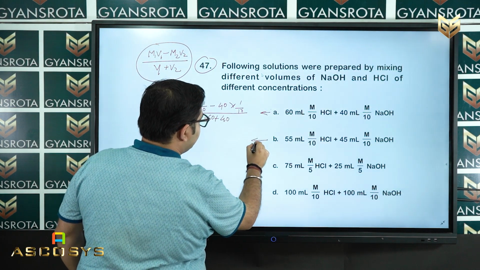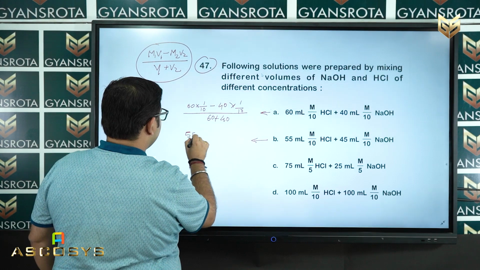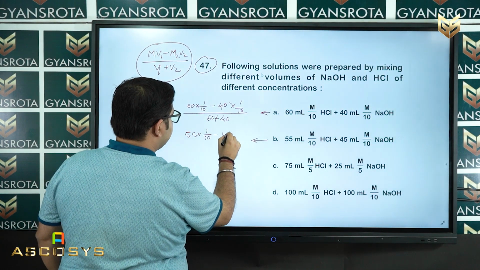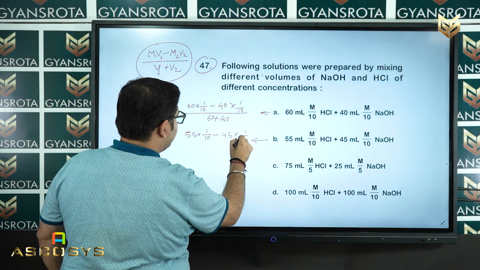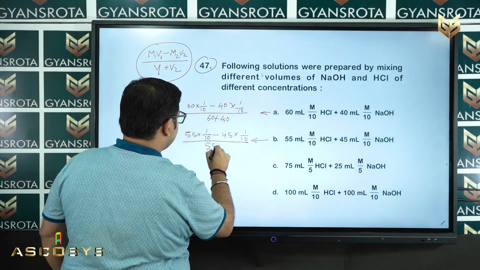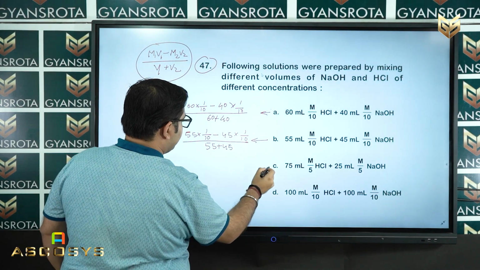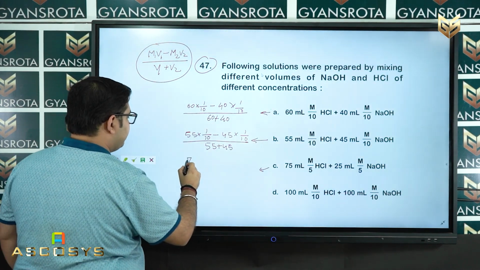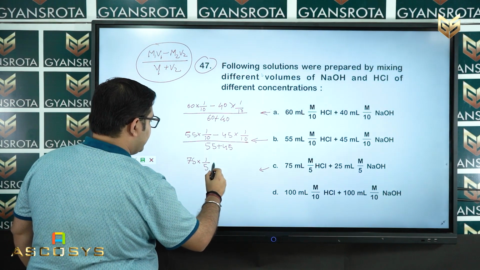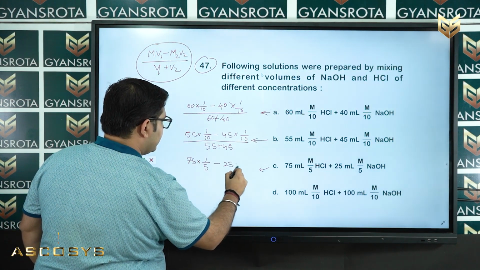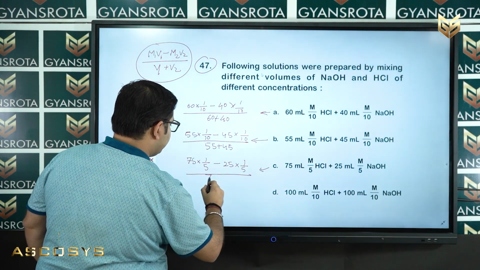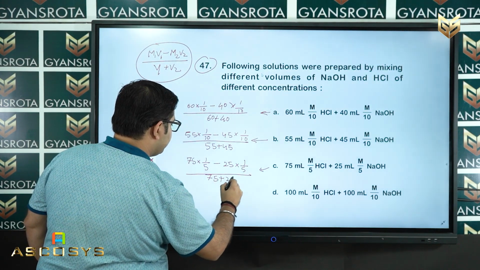For B, it will be 55 into 1 by 10 minus 45 into 1 by 10, divided by 55 plus 45. For C, it is 75 into 1 by 5 minus 25 into 1 by 5, divided by 75 plus 25.